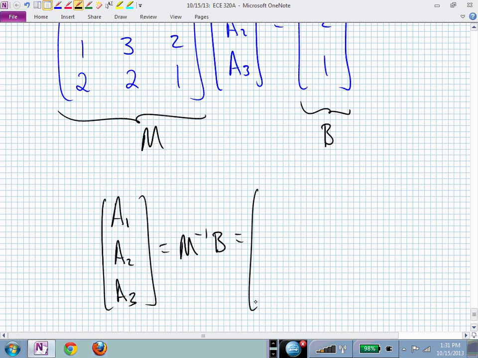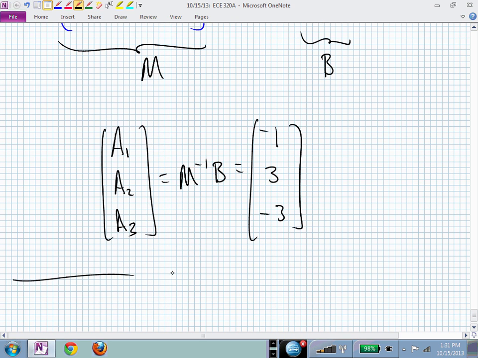And you would find that it's minus 1, 3, minus 3. And that's another approach for finding these partial fraction expansion coefficients. Technique 3, ECE 310, right?